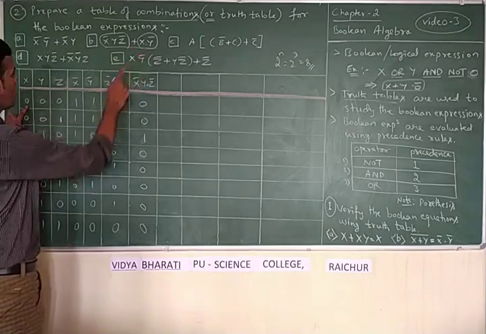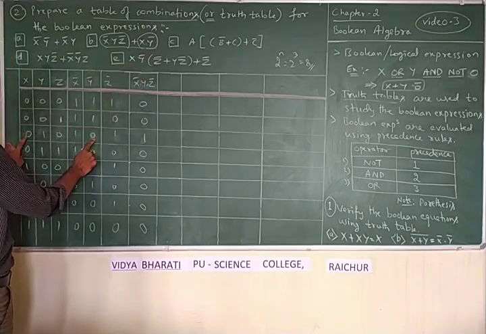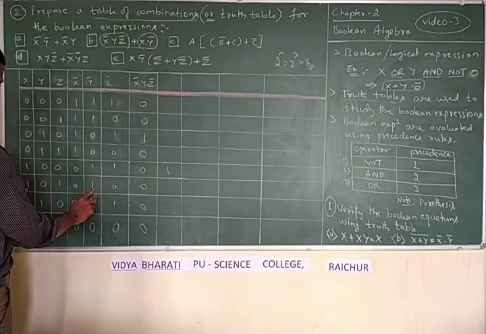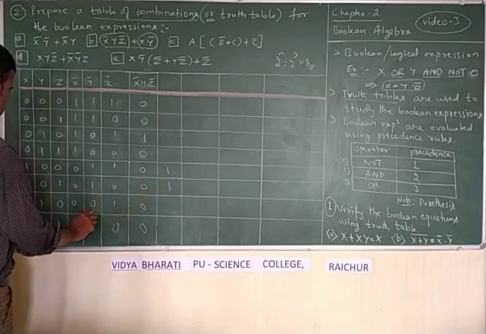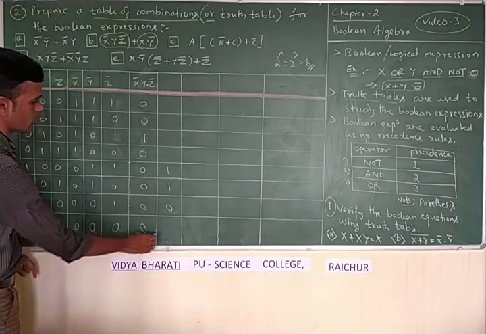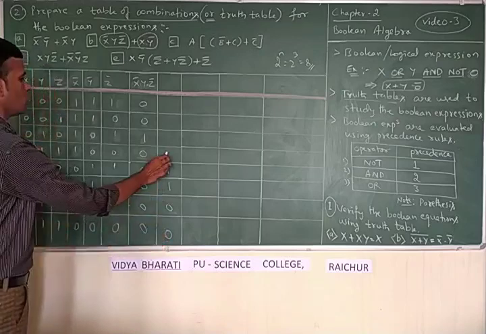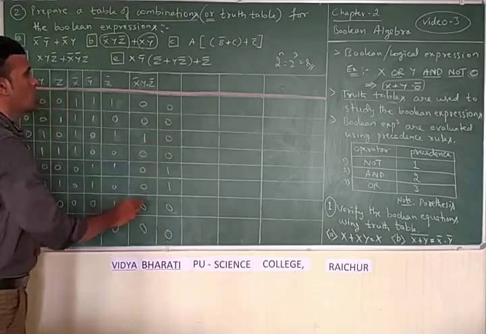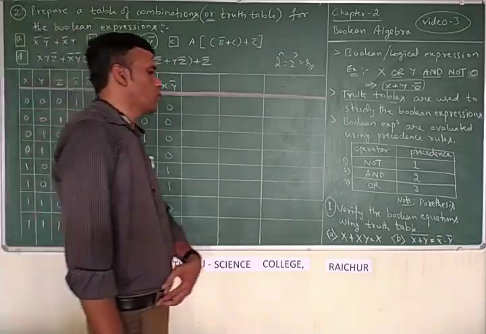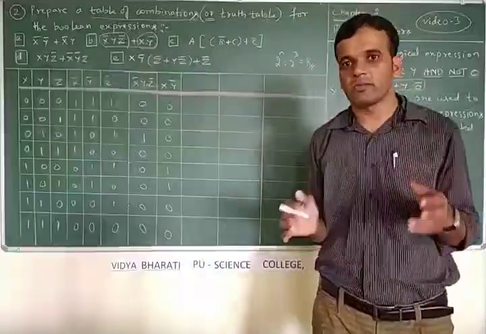Okay, x into y bar. No, no, no. Yes. Here both are not 1, so it is 0. Here also we have observed both are not 1. That is x into y bar.